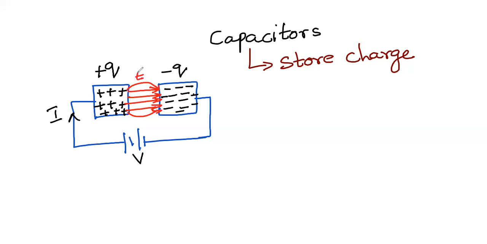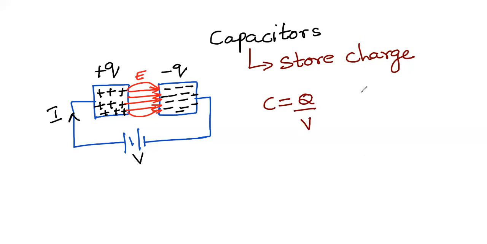This is an electric field. So it's very obvious the capacitor depends on the voltage to store the charge, and hence we can write C is equal to Q over V, where Q stands for the charge and V stands for the voltage.